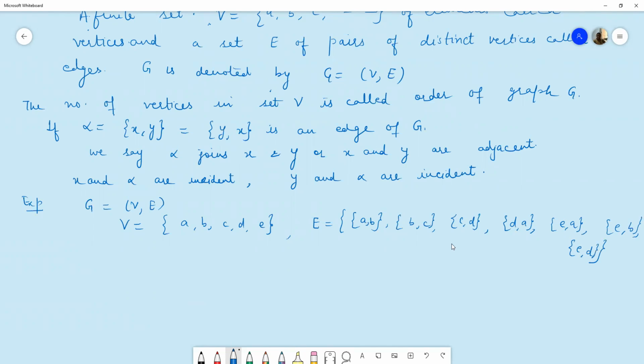Suppose this is our set E. Then how can we represent this graph geometrically?